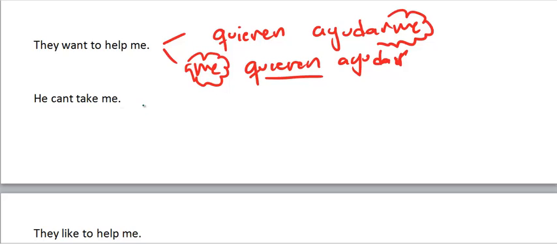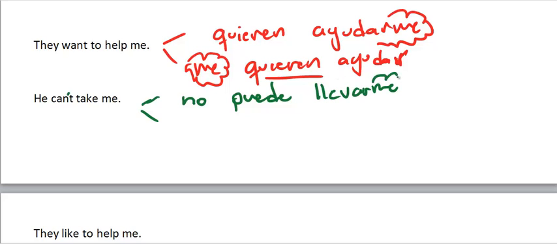He can't take me. Now we have another basic action. He can't. No puede llevarme. We have an infinitive verb, so you can say llevarme, attach at the end. Or when you have a negative, the negative goes first, and the object pronoun always happens in reference to the verb.